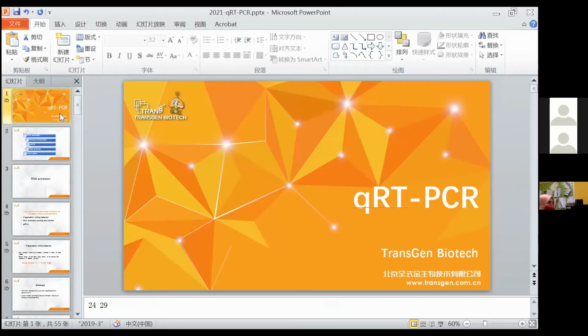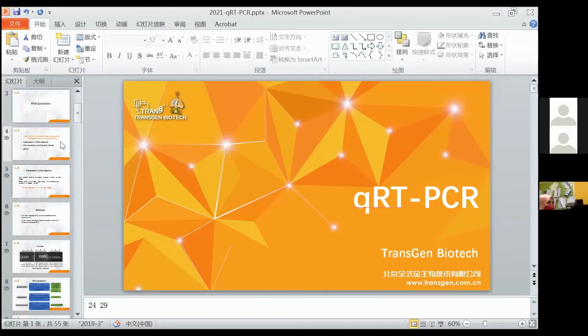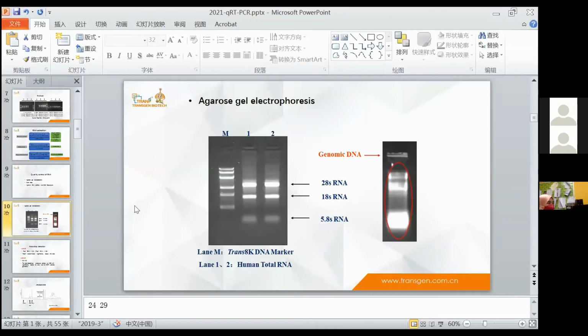In this case, it means your RNA is degraded. Maybe this band is just the 5.8S band, a very large, bright band here. When the RNA gets degraded, the 28S RNA and 18S RNA will vanish, so you can only see the 5.8S RNA here.